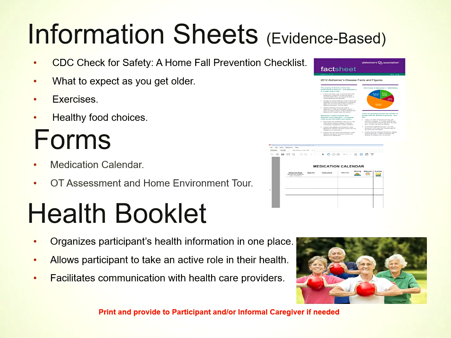If needed, there's a form called a medication calendar and an OT assessment and home environment tour form. We also have a health booklet which any waiver site can download and print for any waiver participant, which organizes the participant's health information in one place and allows them to take an active role in their health and facilitates communication with healthcare providers.